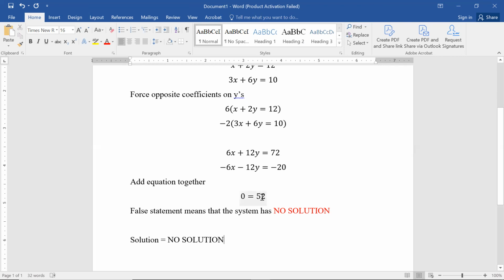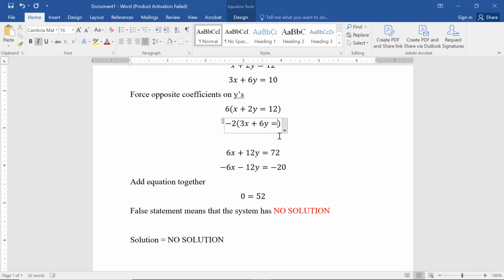By the way, if we would have ended up with some other number, let's say, just for instance, instead of this being a 10, what if this were a 36? Then we would have ended up getting 0 equals 0 for our answer.